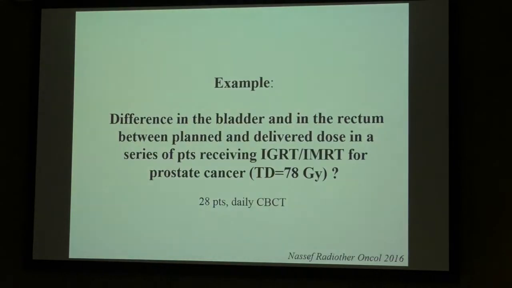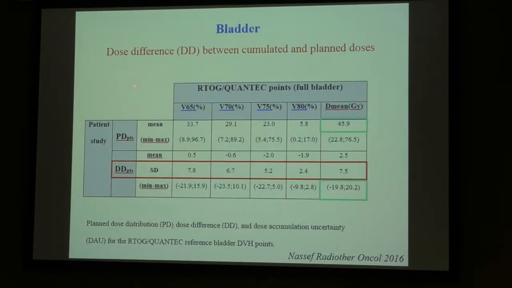I'm not sure. So we had this paper published in the British Journal, looking at a series of patients treated by IMRT and IGRT to a total dose of 78 gray. Considering the mean dose in the bladder, on average the mean difference between the planned dose and the cumulative dose was 7.5 gray, and up to 20 gray.